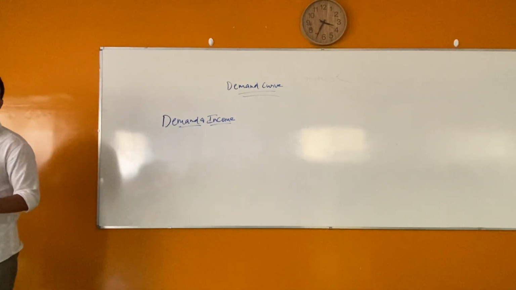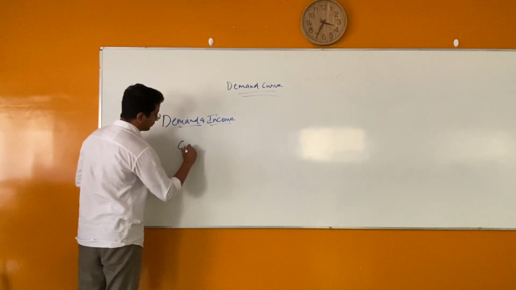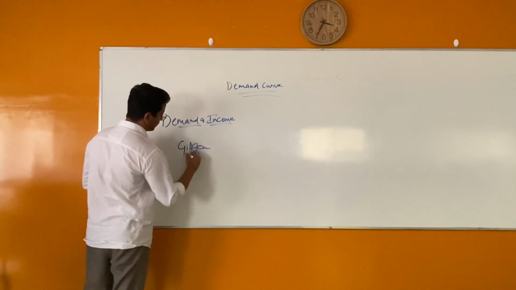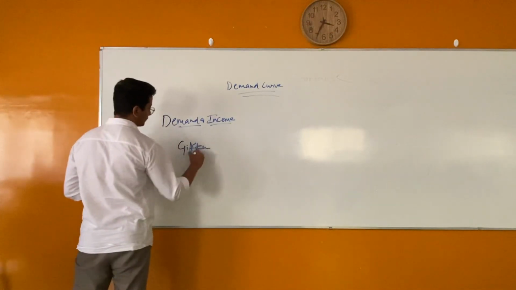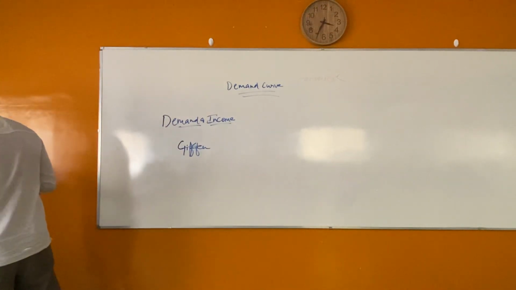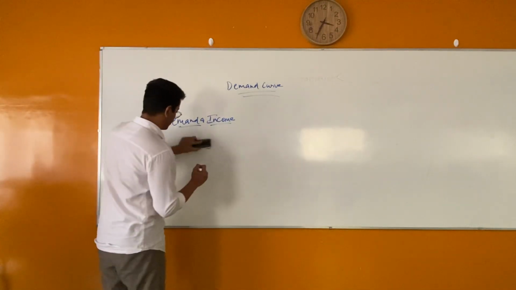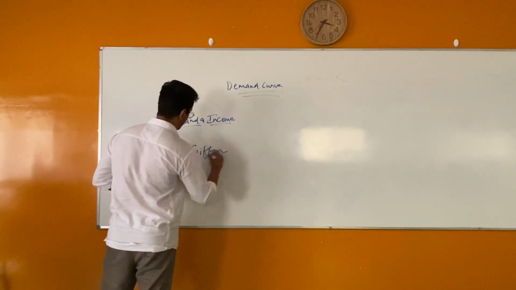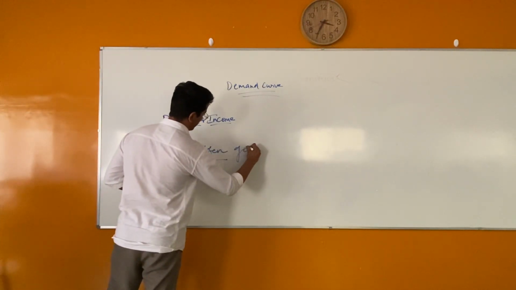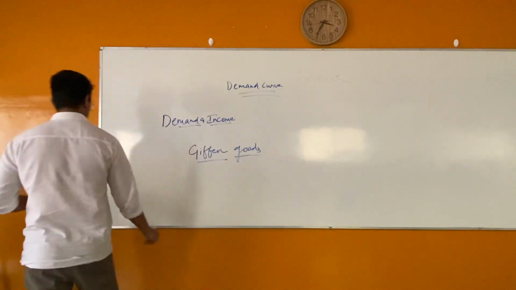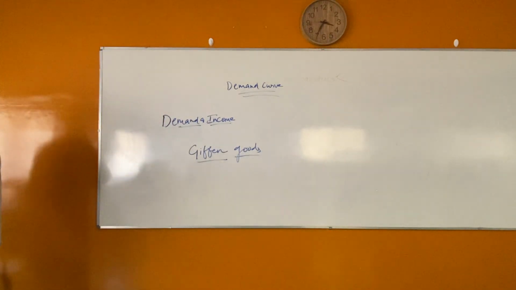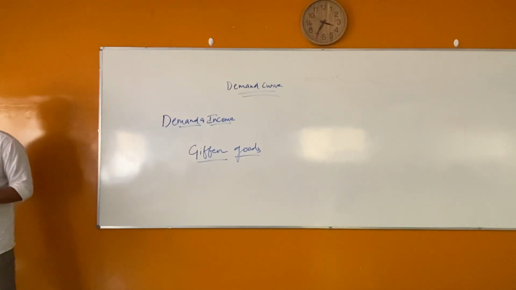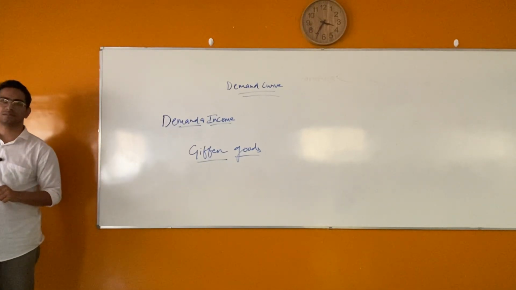Next is Giffen goods. These are goods where demand increases with increase in price.